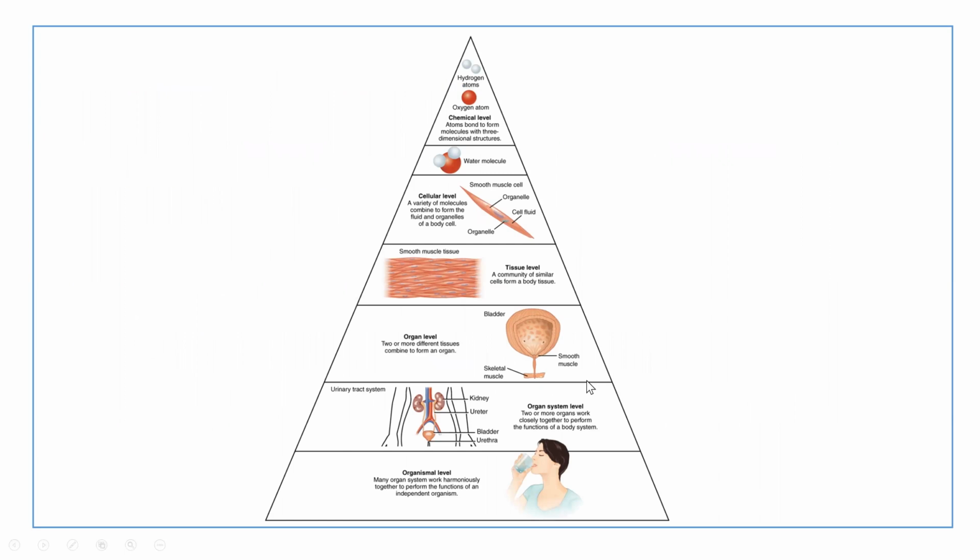Okay, so here's the diagram that shows this principle of organization, when we start with atoms and molecules, and cells and organs, and get to the entire organism. So you see we go from smaller to larger.